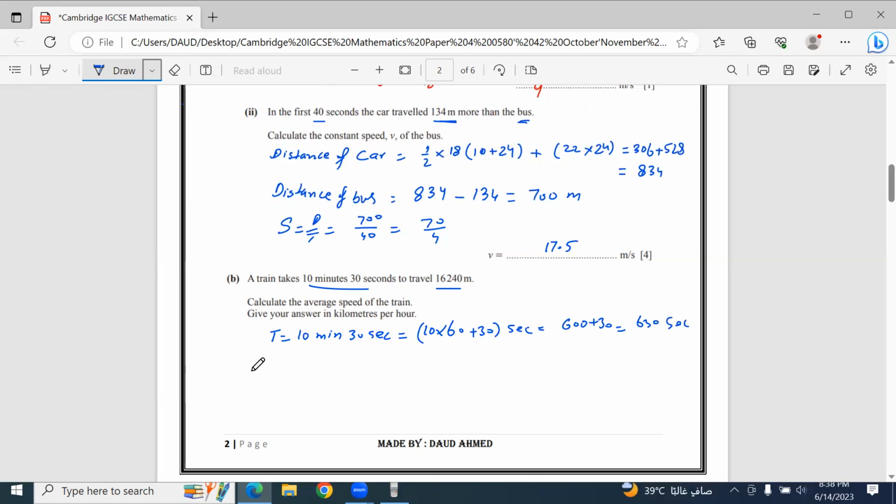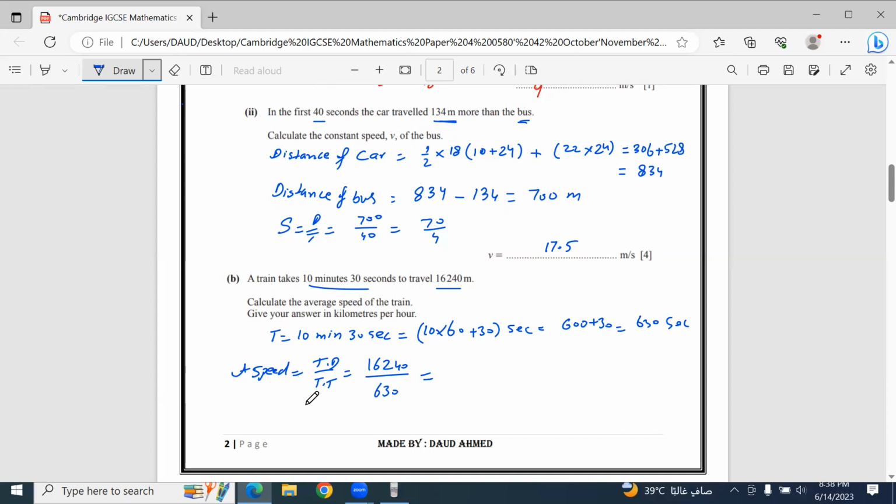Then we know the total distance. For average speed, we take the total distance divided by the total time, so 16,240 over 630.